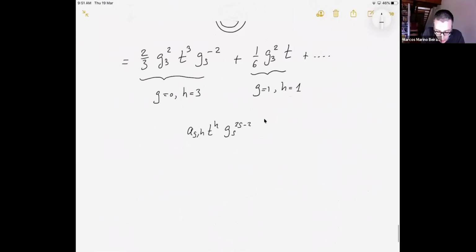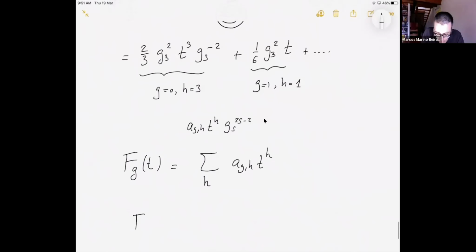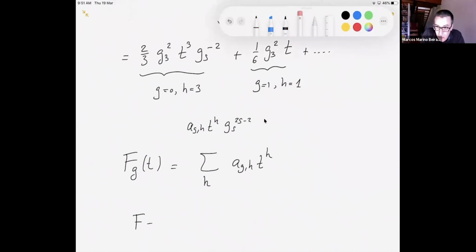So let me define F_g(t) as the sum over h of these coefficients, a_{g,h}, t to the h. Okay. So as I wrote it now, this is a formal power series. And then F, the total free energy minus F_g. So this is just a normalization issue, but let me just make sure.